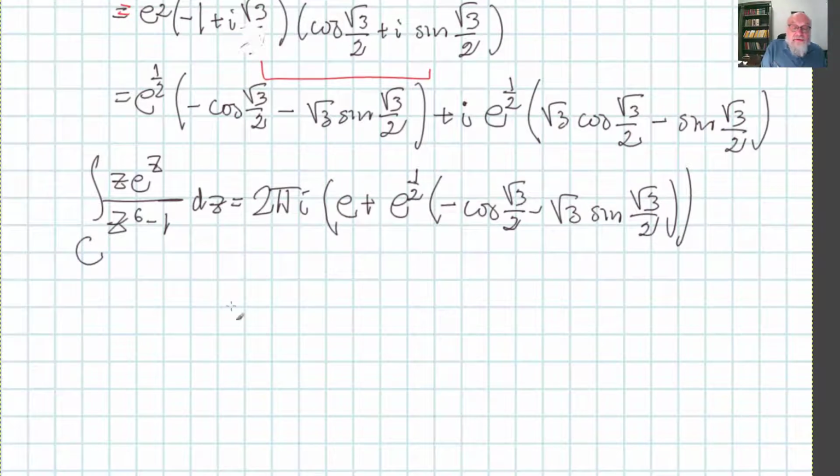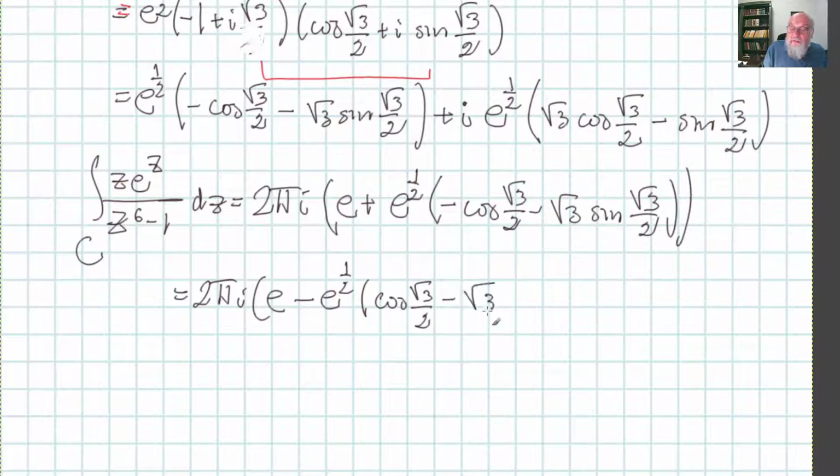You can simplify it a little just to make it more elegant: 2 pi i, and this is e to the 1/2 times cosine square root of 3 by 2 minus square root of 3 sine square root of 3 by 2, and that's the answer. So this is the answer.